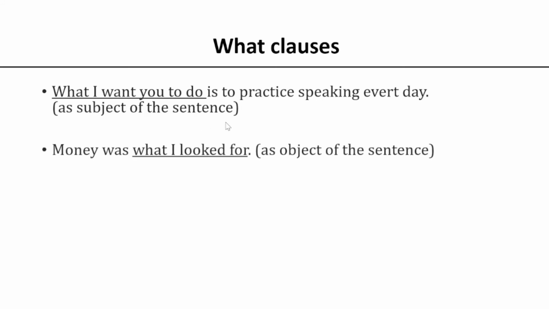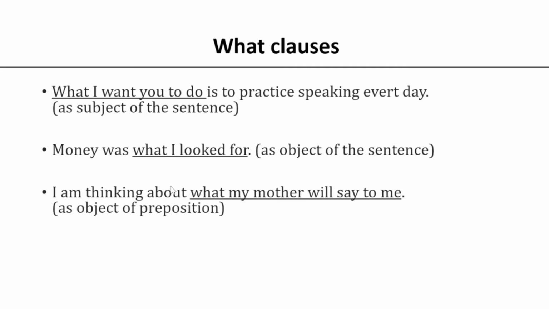The second, money was what I look for. So what I look for is the object of the sentence. That's the noun clause. The third one, I'm thinking about what my mother will say to me. What my mother will say to me is the noun clause and that functions as the object of the preposition.